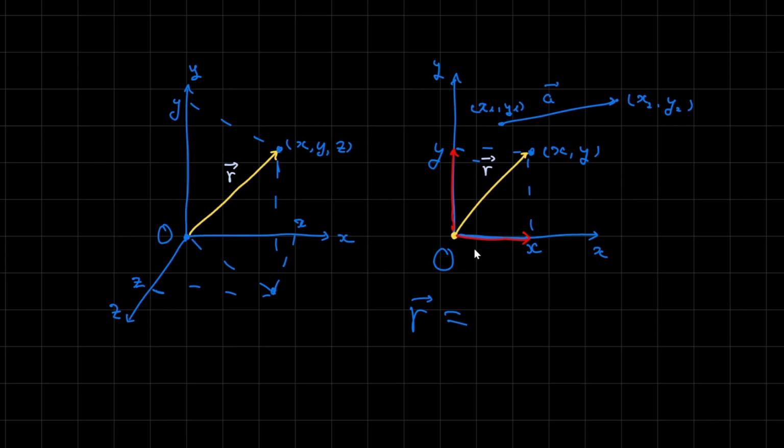And just like we just did, this is x times x hat, and y multiplied with y hat. Because of that, we'll have the vector r equal to this equation.